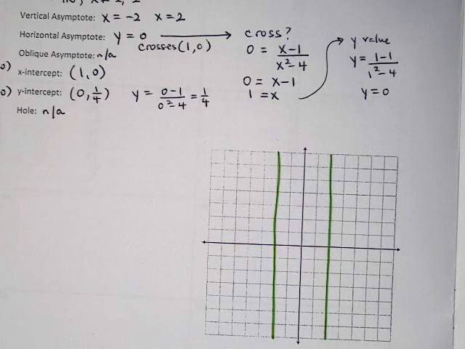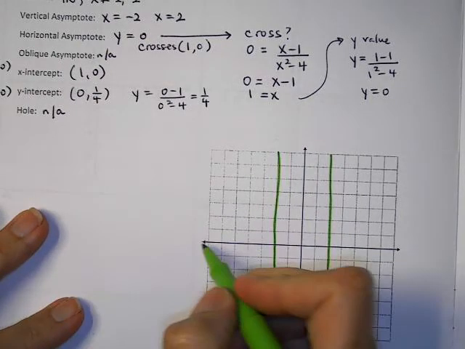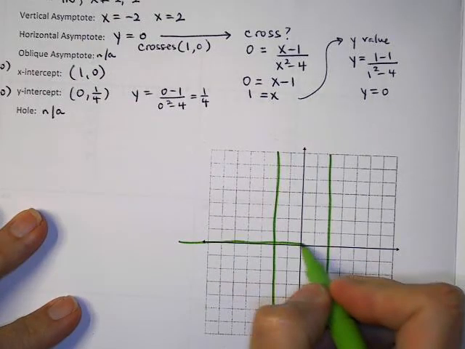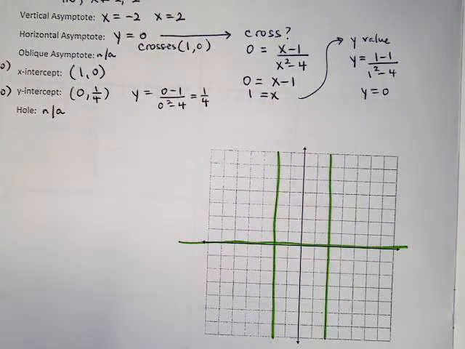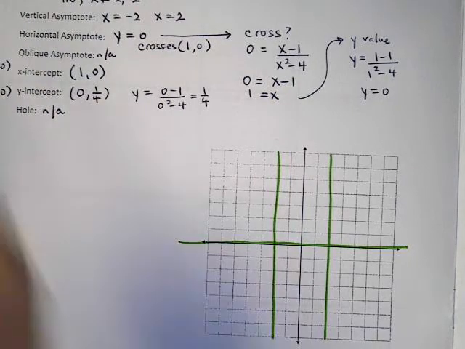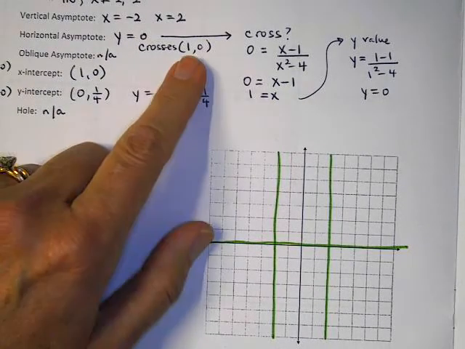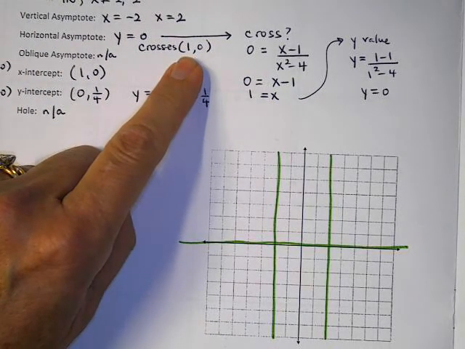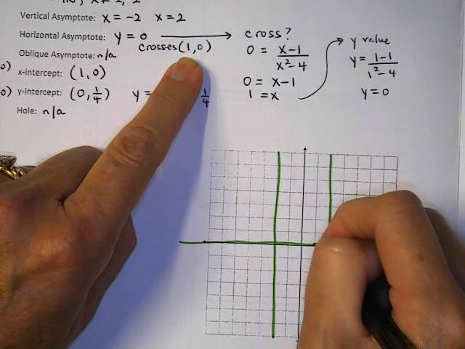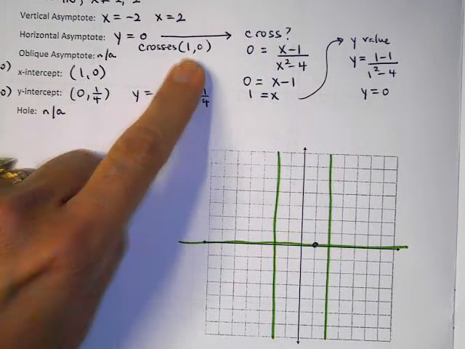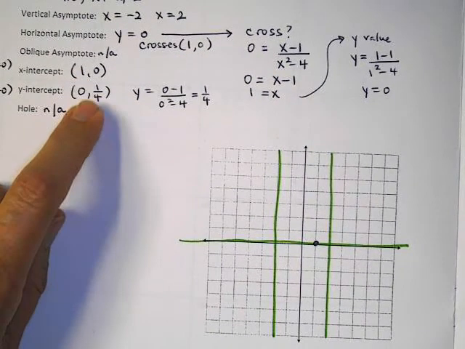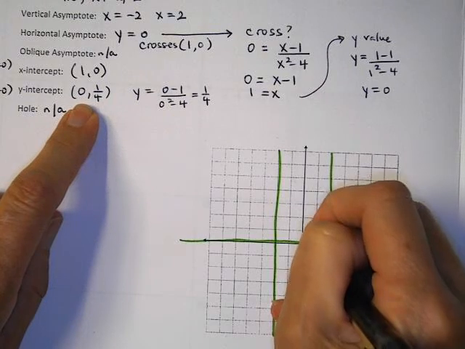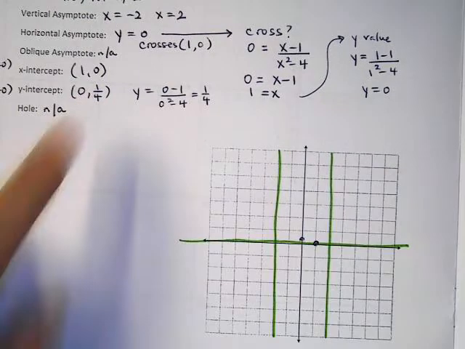Those are my verticals, and I have a horizontal at 0. There we go. So those are my asymptotes. All right. Now I'm going to include points. I know it crosses the horizontal asymptote at 1, 0, so I'm going to include that point on there. That's also my x-intercept, so I've already got that. And then 0, 1/4 would be right about here.